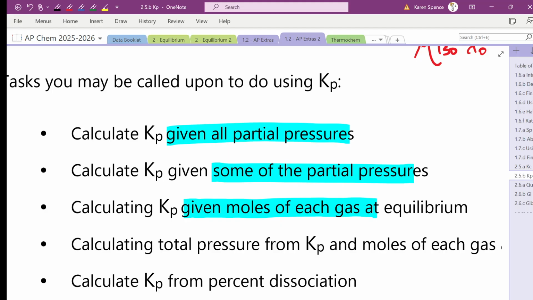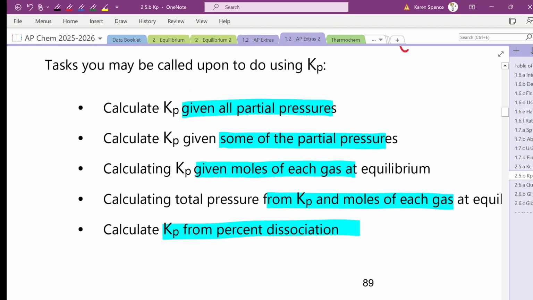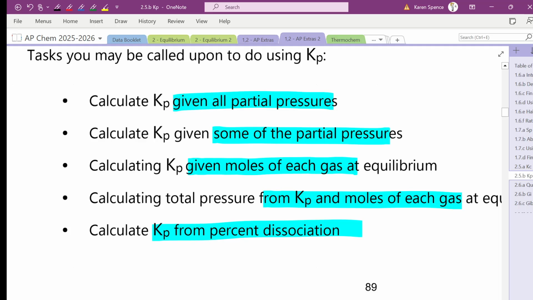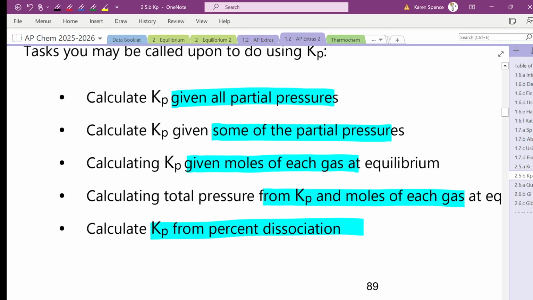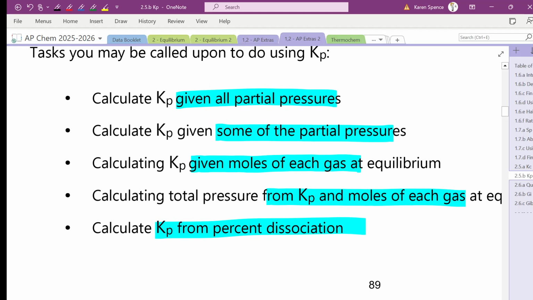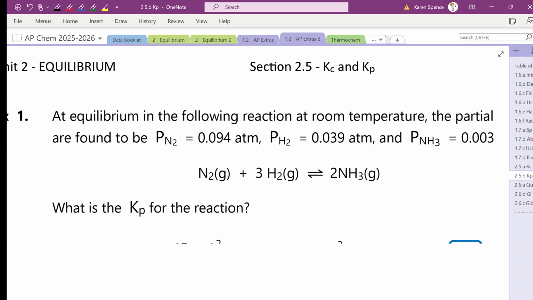No, you don't. And you might be asked to calculate Kp, and you might be asked to calculate total pressures from Kp and moles of gas, and you might be asked to calculate Kp from percentage dissociation. So those are 5 different types of calculations. And guess how many examples we have? 5. So we're going to go through them fairly quickly, especially the first ones.